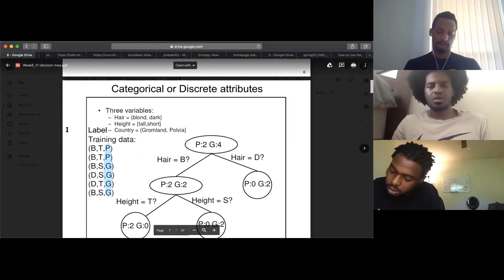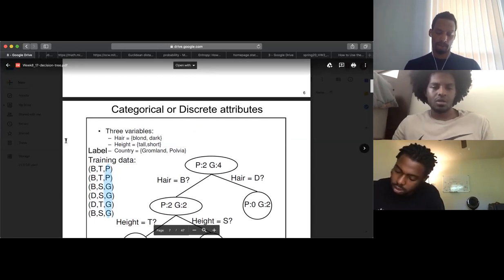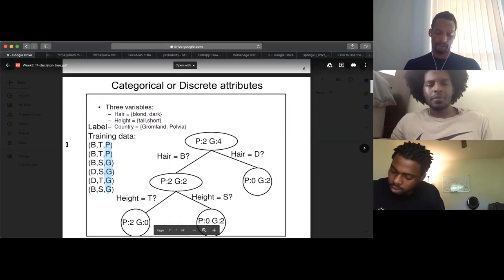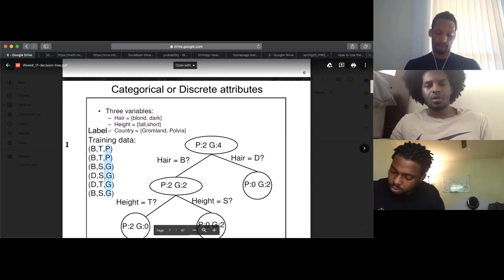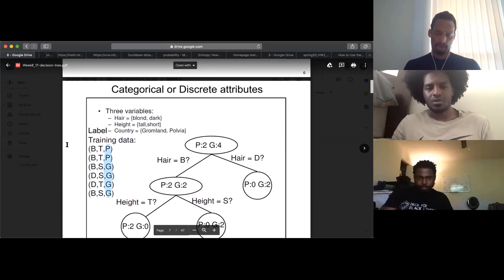So this is just another example. You can have categorical or discrete attributes, which are classification based outcomes. Here your input data has three variables: your hair, your height, and your country. Those are your features.